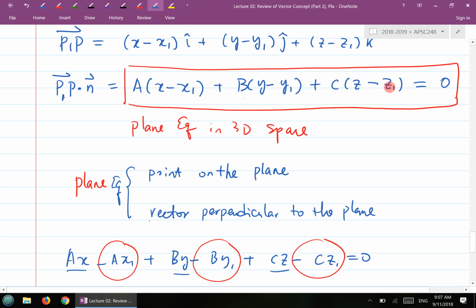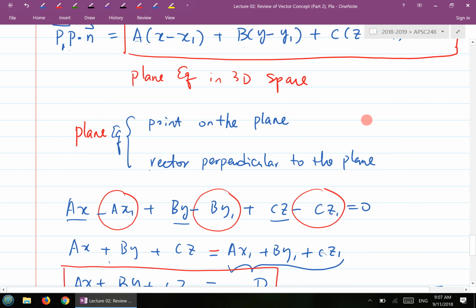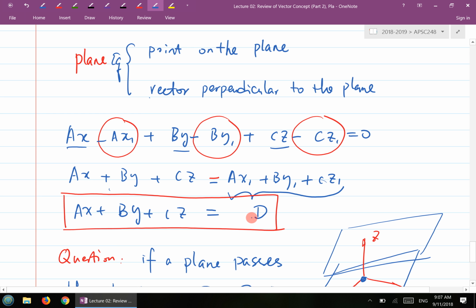Now, if I ask the other way around, if you're given a plane equation, for example like this or like this, what will be the immediate information you can write down from the given plane equation?